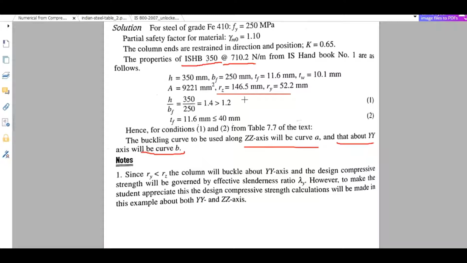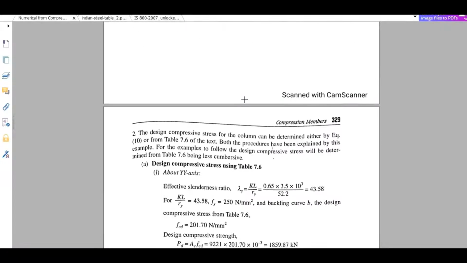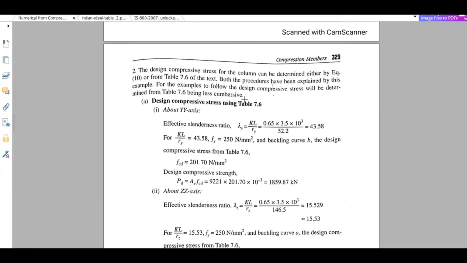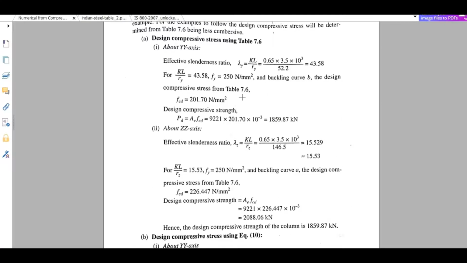As I have already told you, there are different procedures to solve this numerical. Now let us understand the first process, that is using the design curve or table: design compressive stress using table. So the first one is using the tables only, right? Which table?